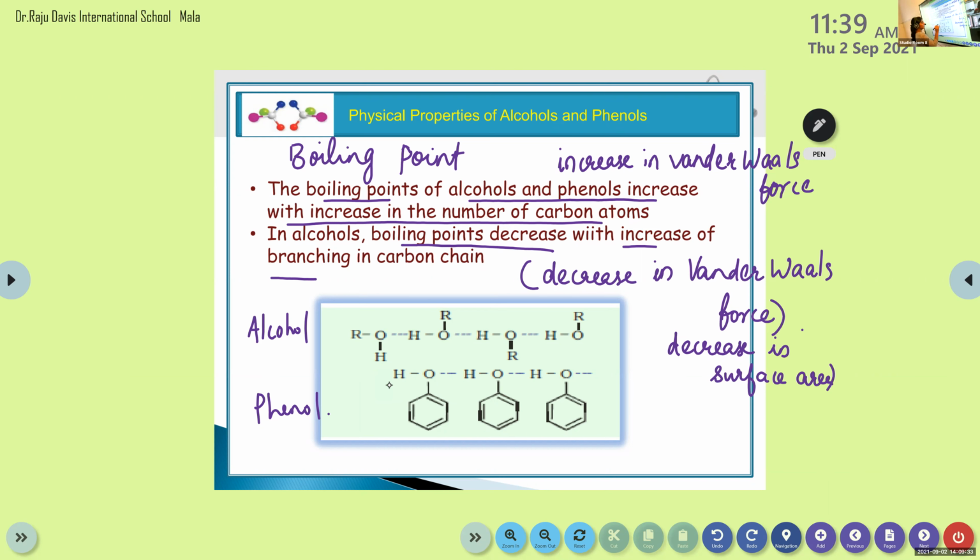Okay. So here, when there is hydrogen and one electronegative atom, there will definitely be a hydrogen bond formed. Here it's between two molecules. That's why it is known as intermolecular hydrogen bonding. So the dotted lines represent intermolecular hydrogen bonding.